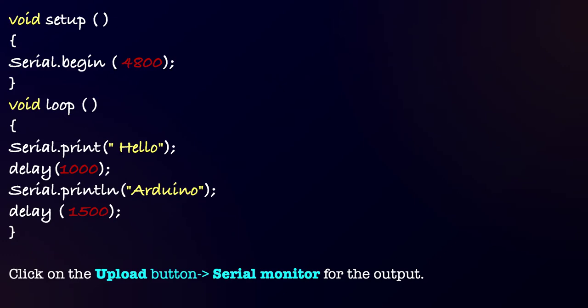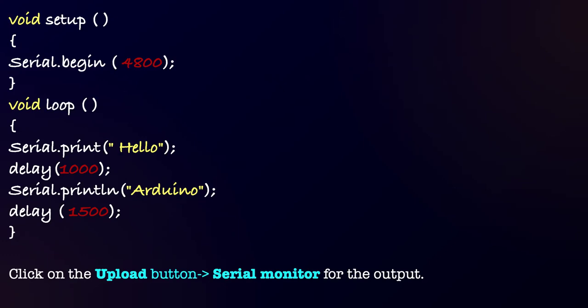It is the millisecond. 1000 milliseconds is denoted as 1 second. So if you want to write 1 second, we need to write delay(1000), then Serial.println("Arduino"), delay(1500). That is 1.5 seconds. Milliseconds, not microseconds.